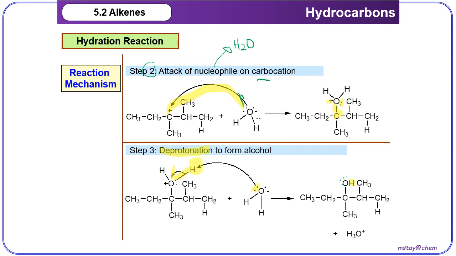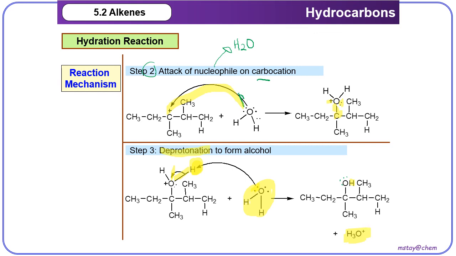The H plus combines with H2O to become H3O plus. Again, we can prove that the role of the acid in this hydration of alkene is as a catalyst, because at the end of the reaction, the acid is formed back.